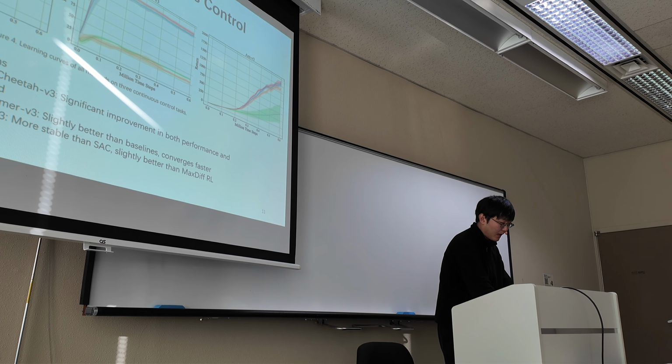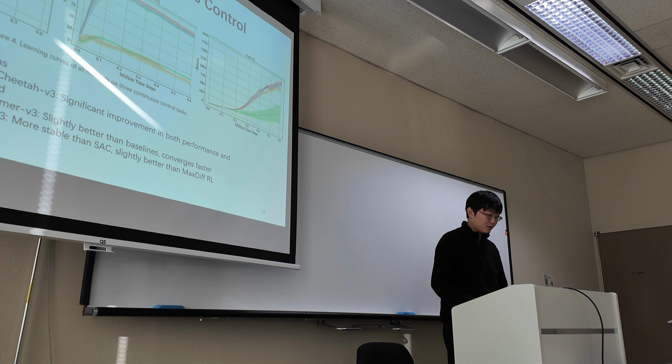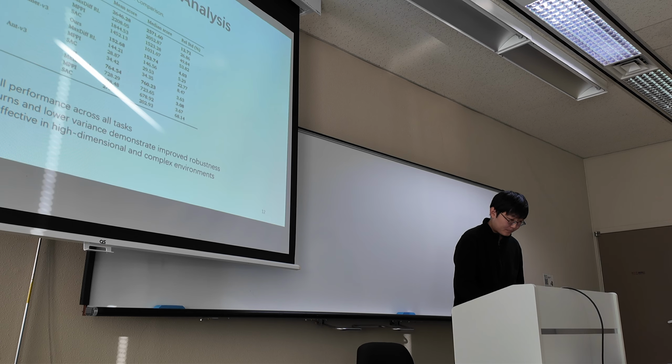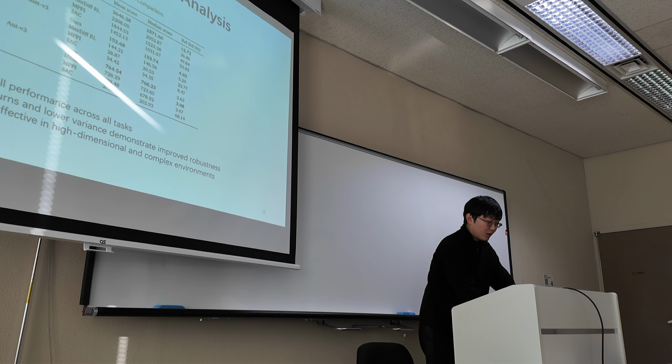In the ant, our method is more stable than SAC, and slightly better than maximum diffusion RL. We quantified the data in the figure and summarize it in this table. The bold values indicate the best performance.